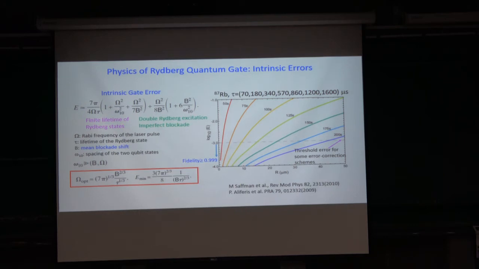And then you can optimize these two equations to find the optimized laser field and the lowest infidelity or error of the gate. So actually, there is a lower bound once you choose a certain parameter set. You can make this smaller and smaller at the cost of how precise your technology is, and in the end, you will meet some technical difficulty.